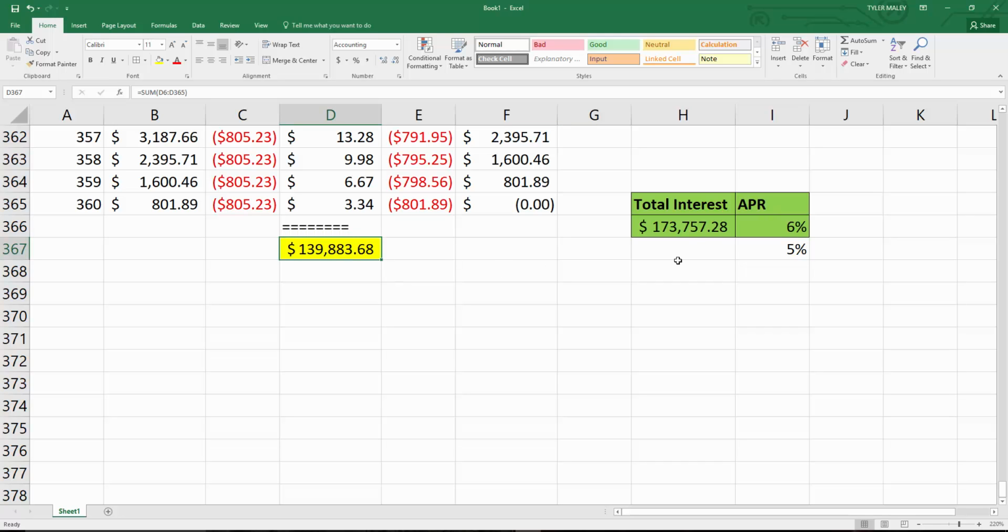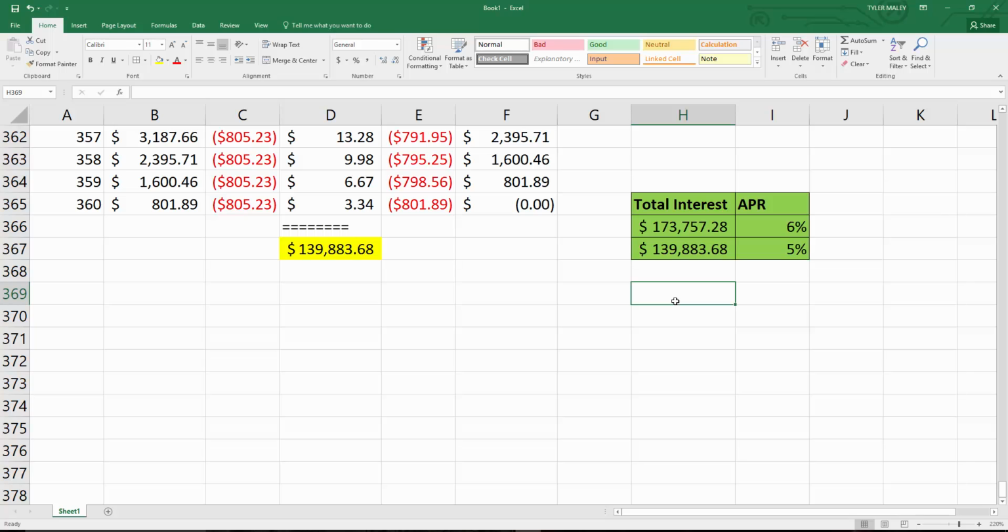Now here's the total interest I pay: 139,883.68. If you want, we can format those the same. So this is how much interest I pay if I do a 5% loan over 30 years, and this is how much interest I pay if I do 6%.